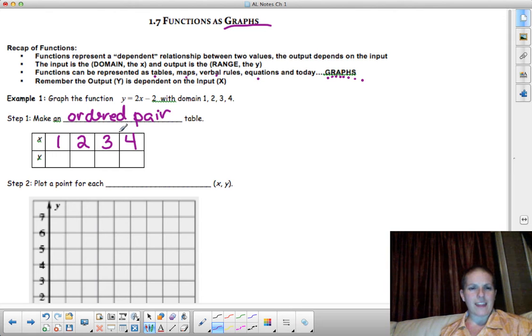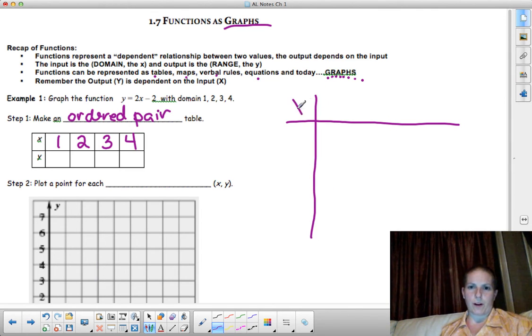Now, I think that these horizontal tables are a little bit hard to look at. So when you start to see my tables, you're going to start to see them more often in a vertical format, like you saw before, where your x values get listed first. You've seen these before. A t-table, I hope your teachers have called them in the past, a t-chart, where we put our domain values in the x column.